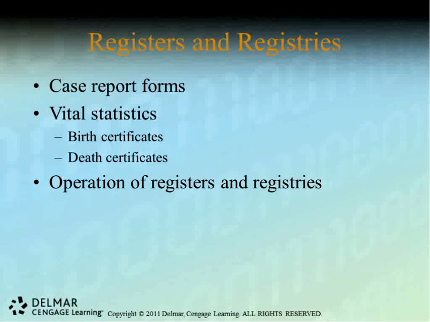And so it tells you you will use your register to verify information, and you're going to use the registry to collect data and perform your analysis and study. So a register to verify information and a registry to collect and perform analysis and study of that data. That's your two differences in purposes.